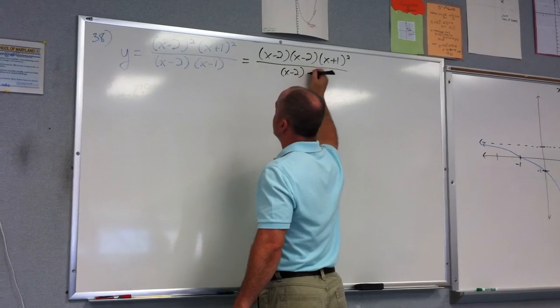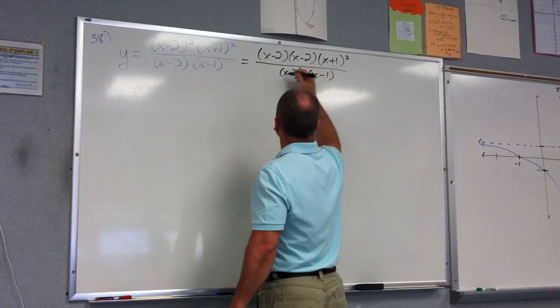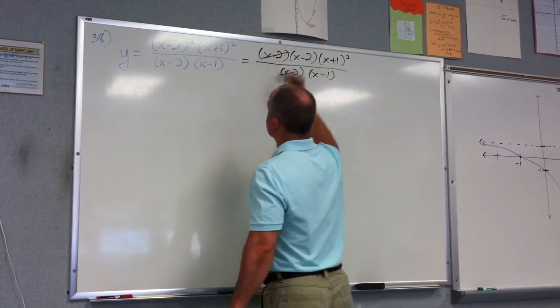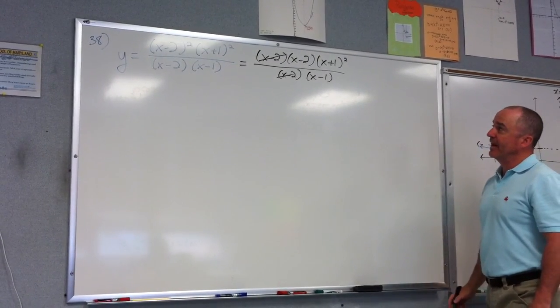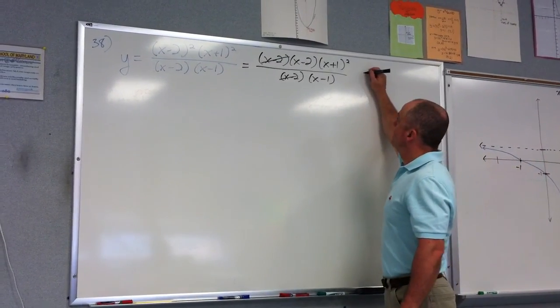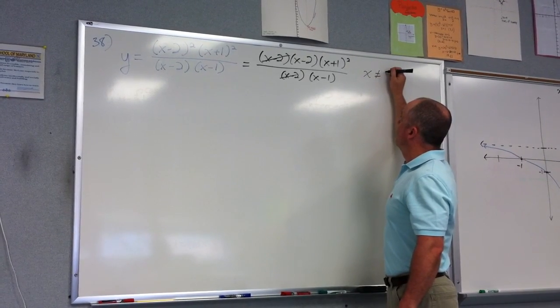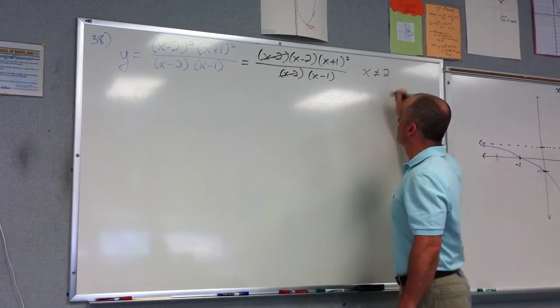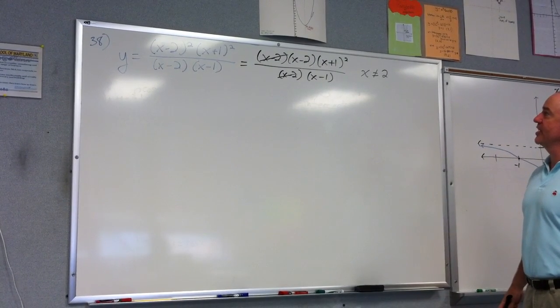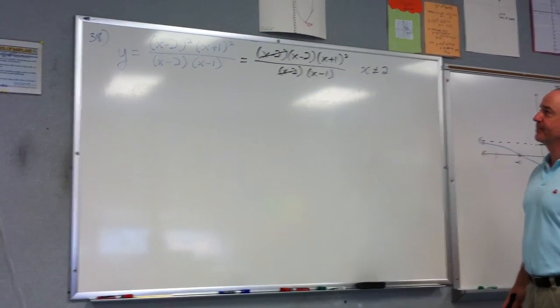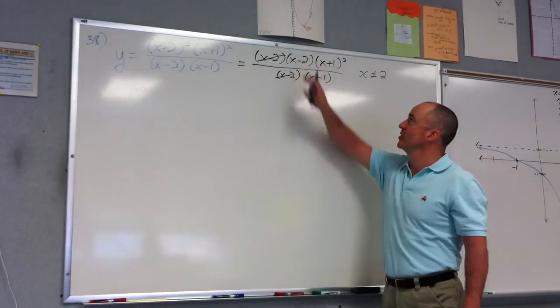Well, first thing I would do is go ahead and cross out an x minus 2 top and bottom, since we have x minus 2 squared. And then I write my little x can't be positive 2 reminder, because I think that will be a jump discontinuity there. Although how that affects that is going to be interesting.